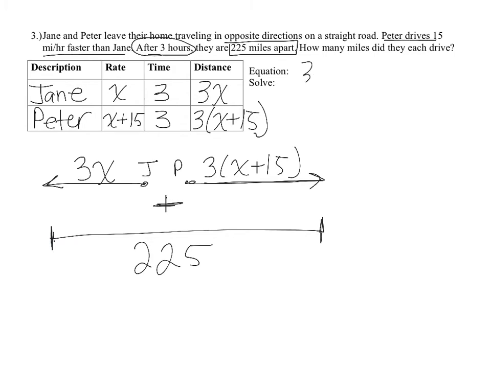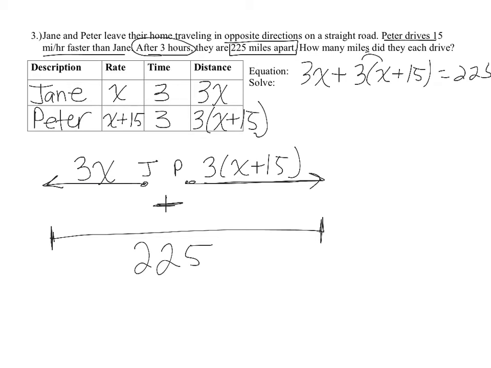So it's going to be 3x plus 3 times x plus 15, and you can distribute that 3 if you want to start with, equals 225, because that's our combined distance. Then we're going to solve for x. We've got to solve for x in order to answer the question to begin with.